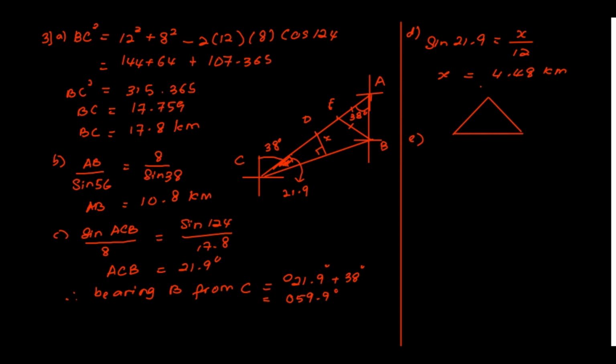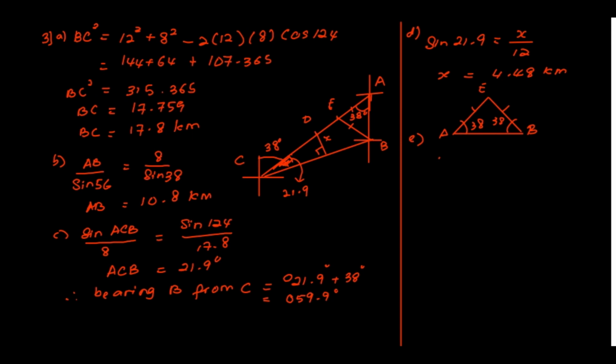So this is E, this is A, this is B. EA here is 38, so therefore here 38, right?